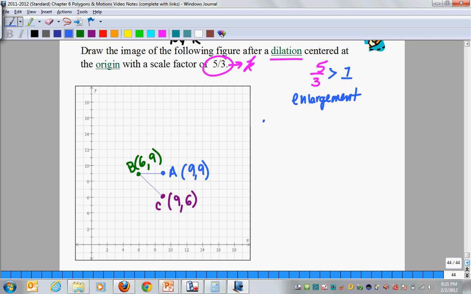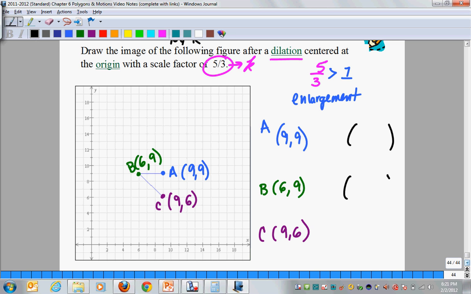Let's take those 3 points down. We have A is at 9, 9. And B is at 6, 9. And C is at 9, 6. Now our K factor is 5/3, so here's our new points. Get your template ready.